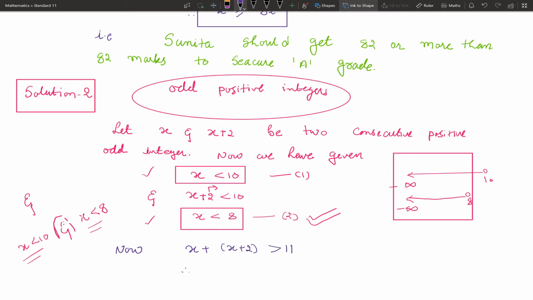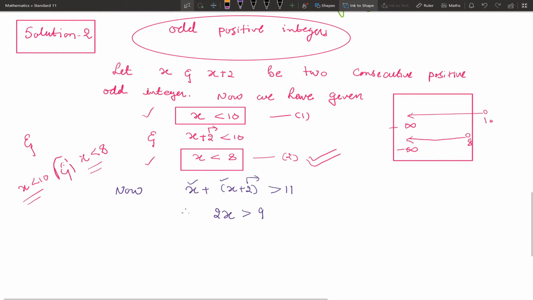So now simplifying this thing, x plus x is 2x. Transfer this term: 11 minus 2 is 9, divided by 2, so x is greater than 9 by 2. 9 by 2 means x is greater than 4.5.